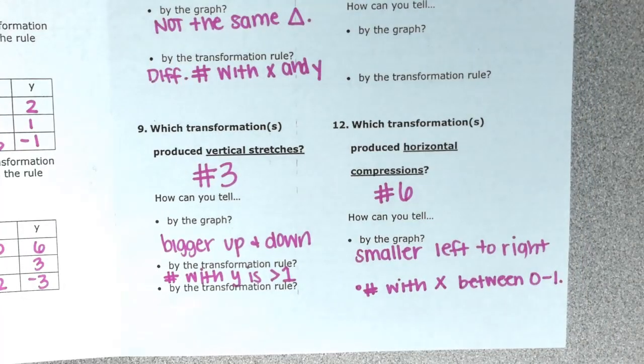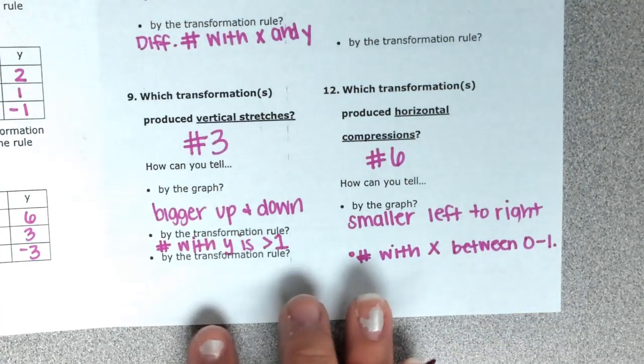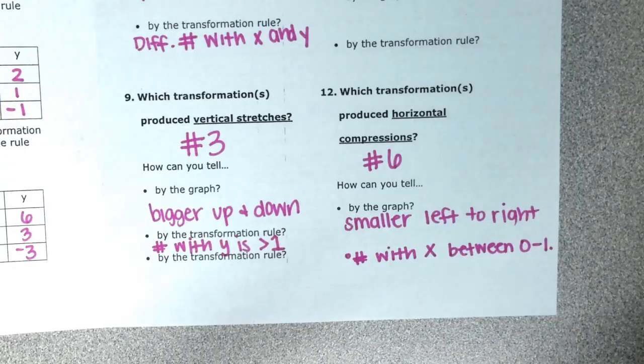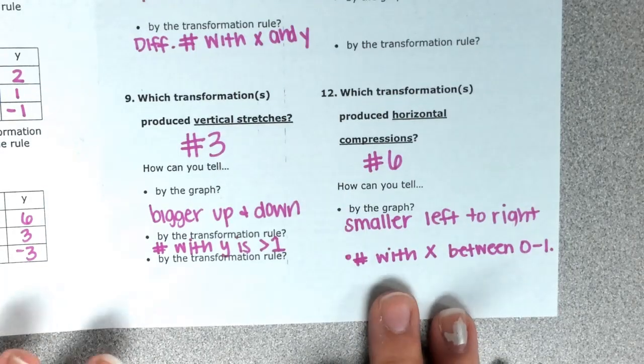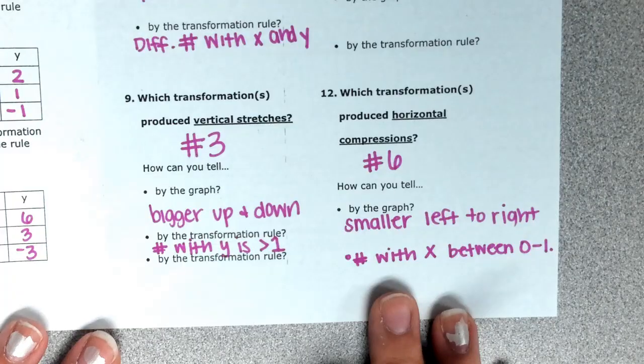I don't want you to include the negatives in that. Write that down, please. The number with x is between 0 and 1. Can I move on?